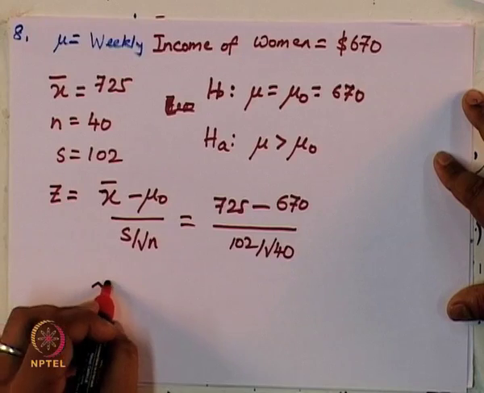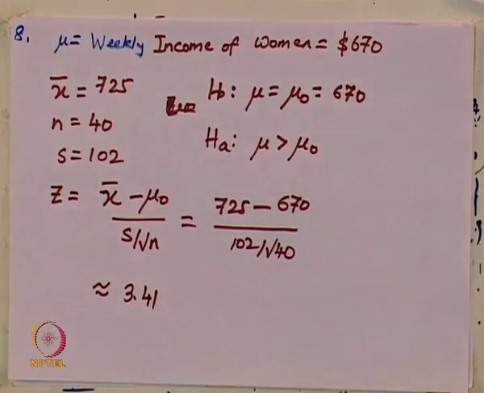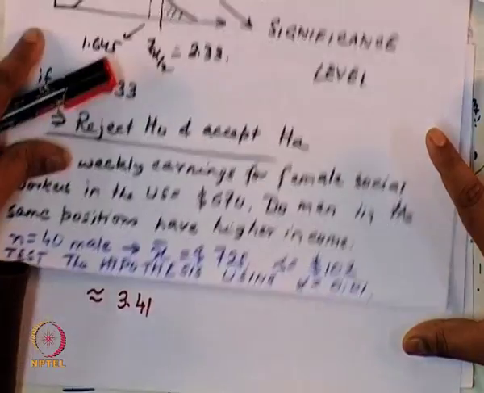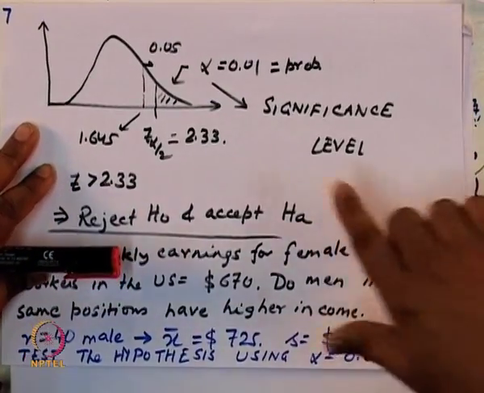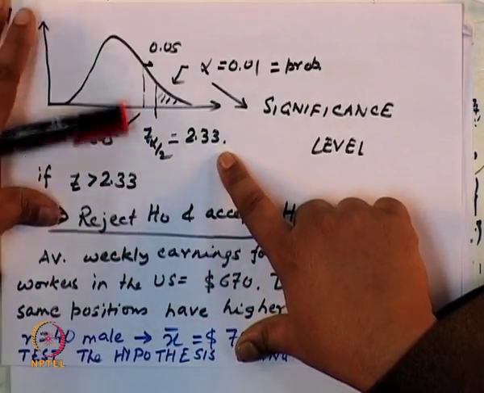The value of z comes out to be roughly 3.41. For significance level alpha of 0.01, I have z alpha by 2 equal to 2.33.